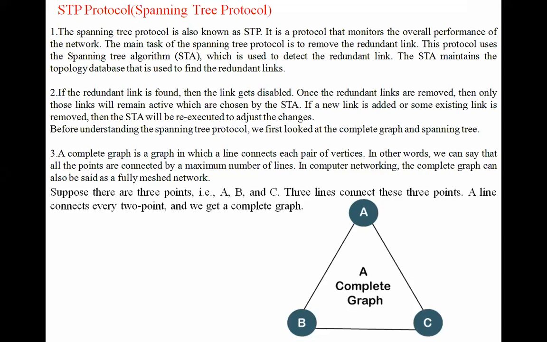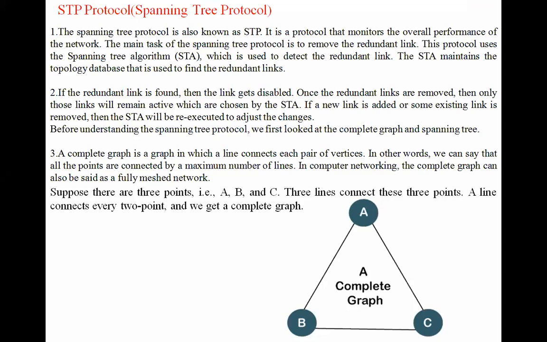See, you are seeing the diagram over here, that is a complete graph. The main usage of the spanning tree protocol is to improve the overall performance of the network. Its main function is to monitor the overall performance of the network.